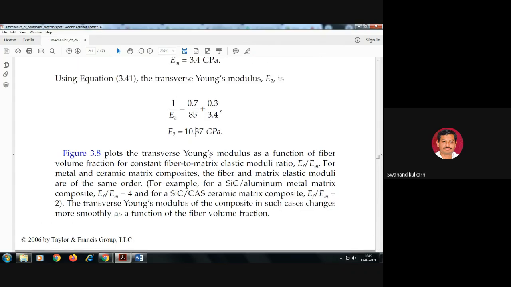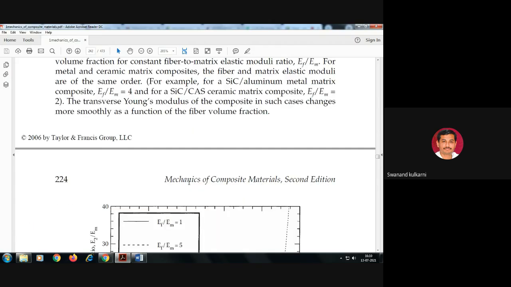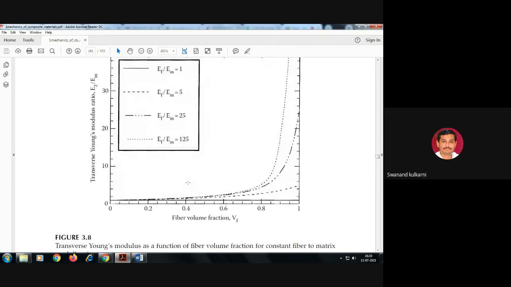In the longitudinal direction it is near about 60, but in the lateral direction it is about 10.37. So the longitudinal direction is 6 times more than the lateral direction. Is it okay? The Young's modulus difference in longitudinal and lateral direction is the representation of how the material properties in different directions are different.